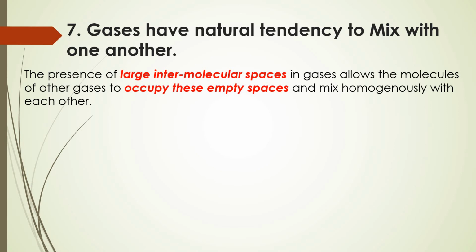And how is this mixing of gases possible? Because gases have huge intermolecular space. So between these spaces, molecules of carbon dioxide can be there, molecules of oxygen can be there, molecules of nitrogen can be there, molecules of water vapor can be there. And this mixing is homogeneous, even everywhere.